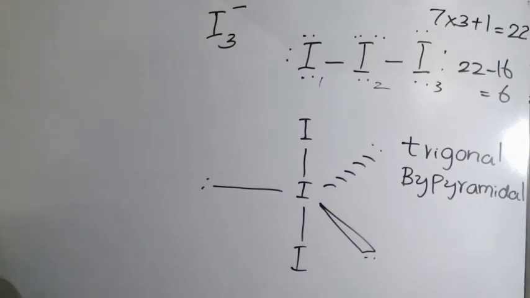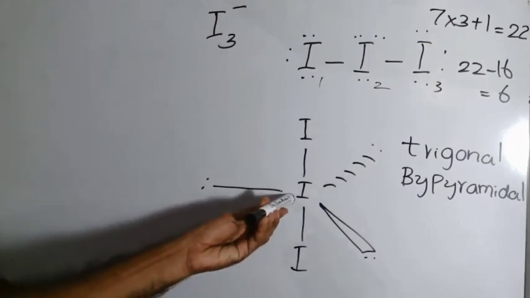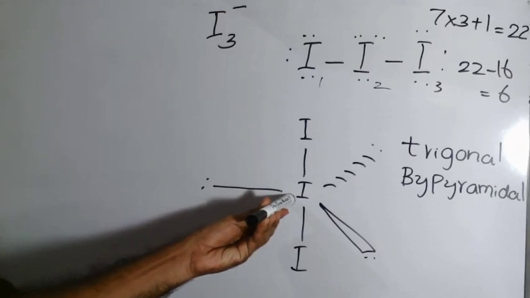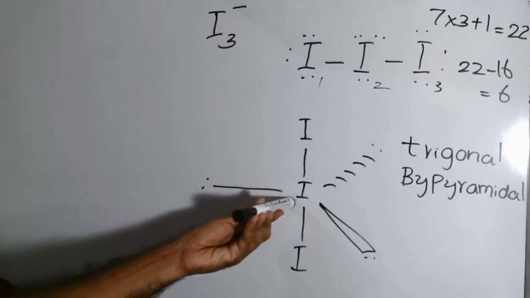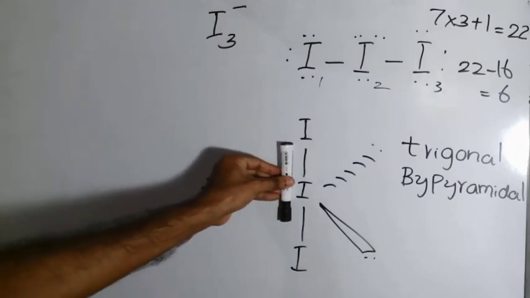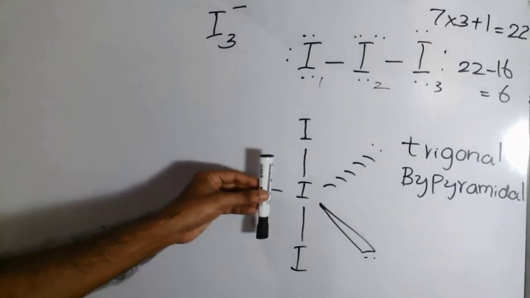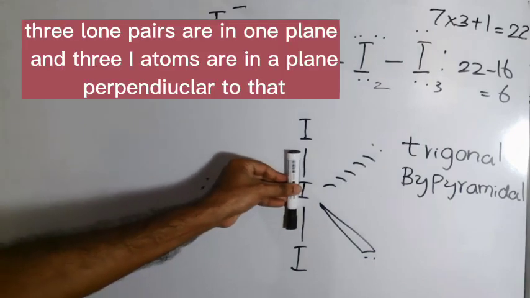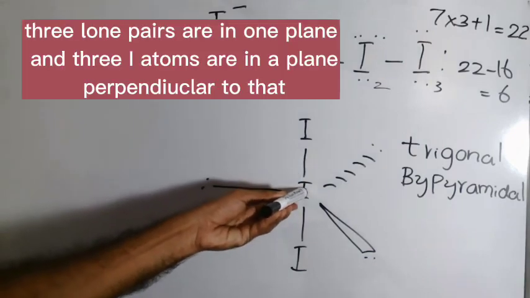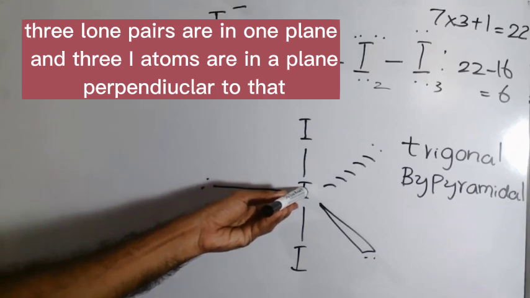The lone pairs around the center iodine atom are in one plane, the plane perpendicular to the whiteboard, and the 3 iodine atoms are on the plane of the whiteboard.